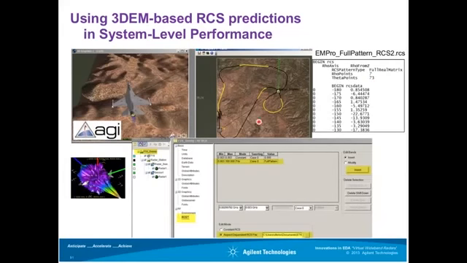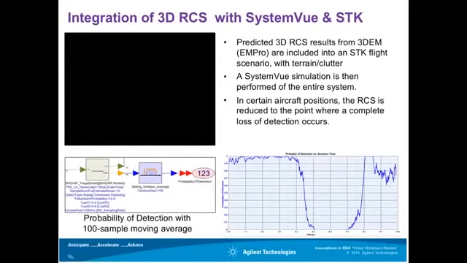And then as we go through the scenario, as the aircraft goes through its logistics, you can actually see the effects as it moves through the simulation and see how, as the aspect ratio to the aircraft changes, it affects the probability of detection.